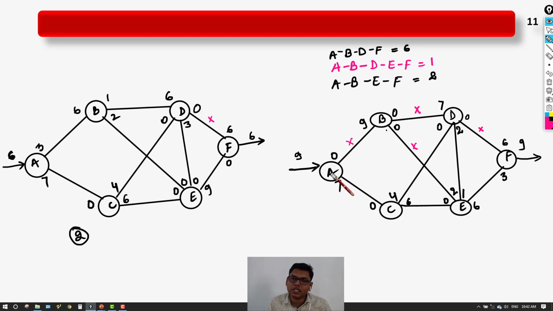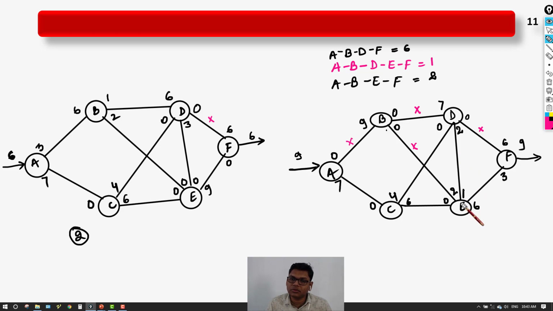So now we have to take this path A to C. So A to C 7 is possible. Can we go from C to D? Take the topmost only first. So C to D, yeah, 4 is possible. So 7, 4, from this side 2 is possible, obviously.